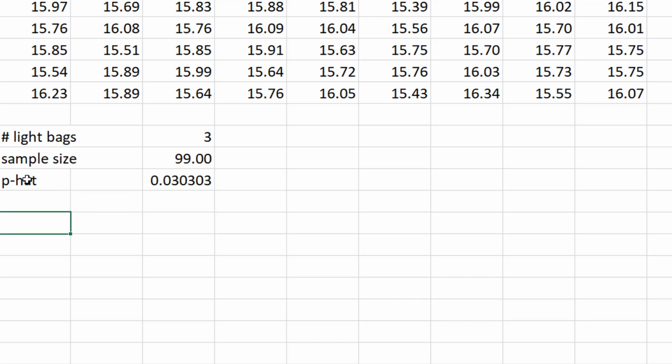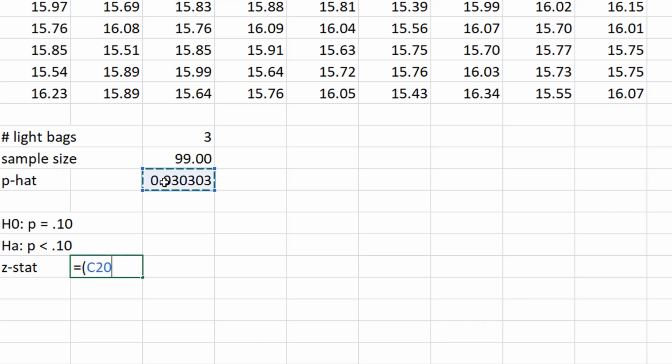Well, let's formalize the hypothesis test. The null hypothesis is that p is equal to 0.10. The alternative is that p is less than 0.10. So my z-stat, as before, is going to be found by taking the difference, my sample proportion minus the null proportion of 0.10, divided by the square root of 0.10 times 1 minus 0.10, divided by the sample size of 99.